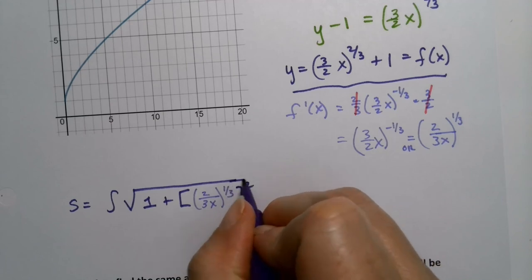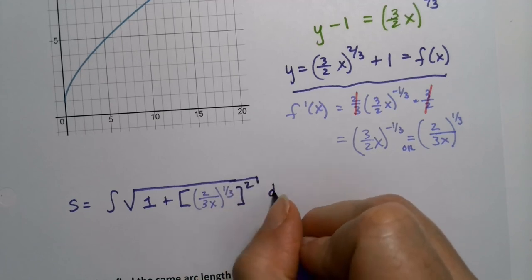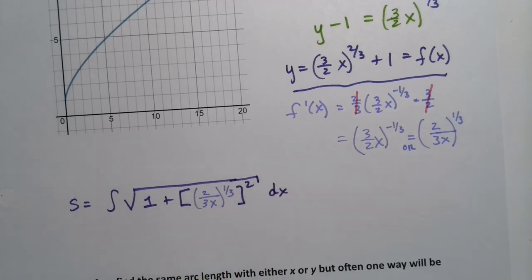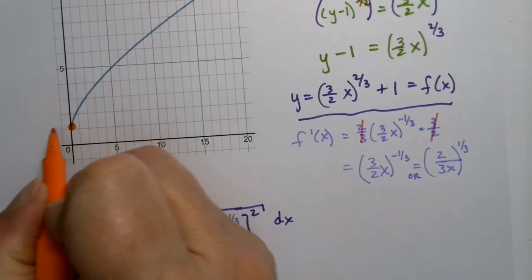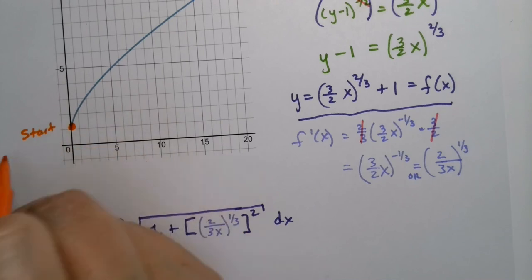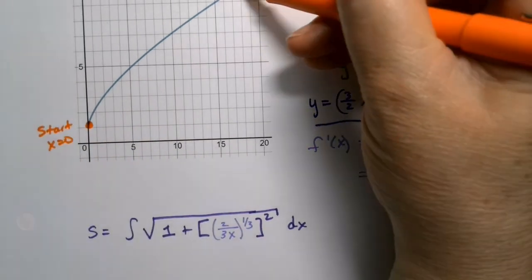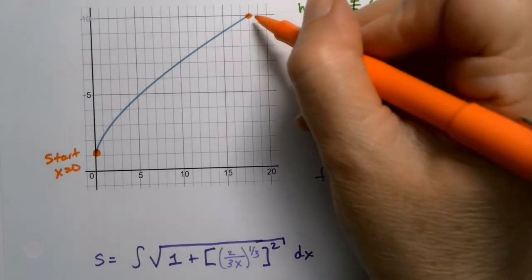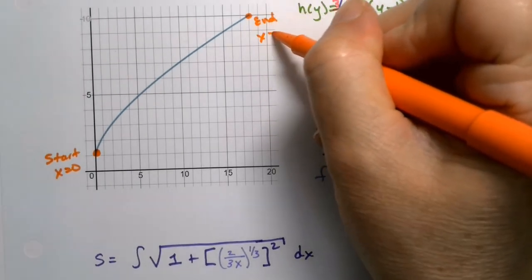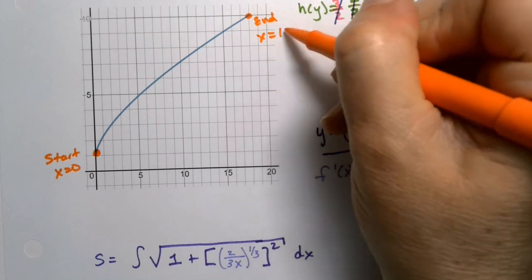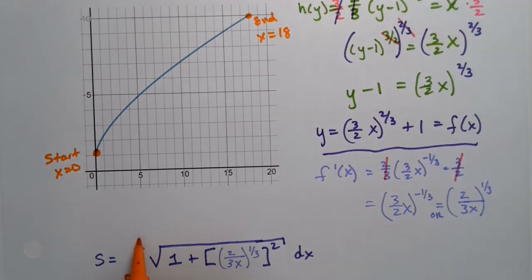Both of them are pretty terrible, dx. And I'd be using x values of, let's see here, the start is over here, so the start is at x equals 0, and the end, when y was 10, is x equals 18. So I'd be taking the integral from 0 to 18.